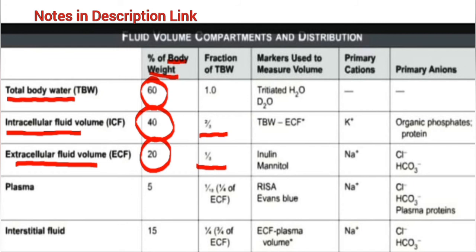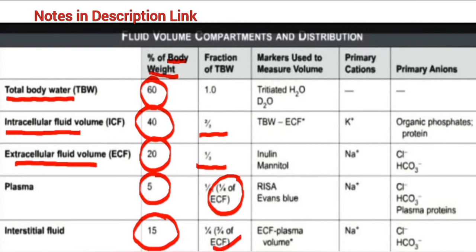And in this extracellular fluid, 15% is interstitial fluid, that is three-fourths of the extracellular fluid, and one third is present in the plasma, which contributes around 5% of the total body weight, and one-fourth of the extracellular fluid.